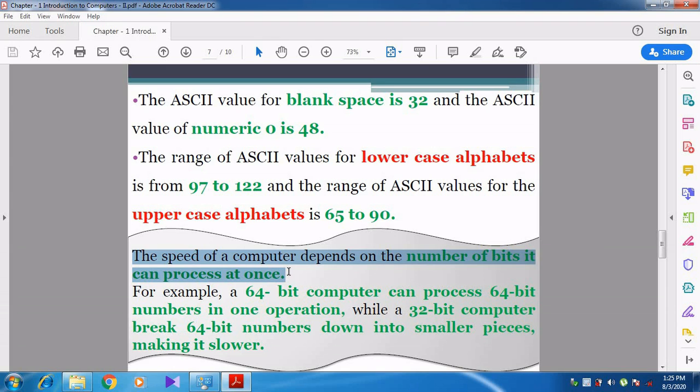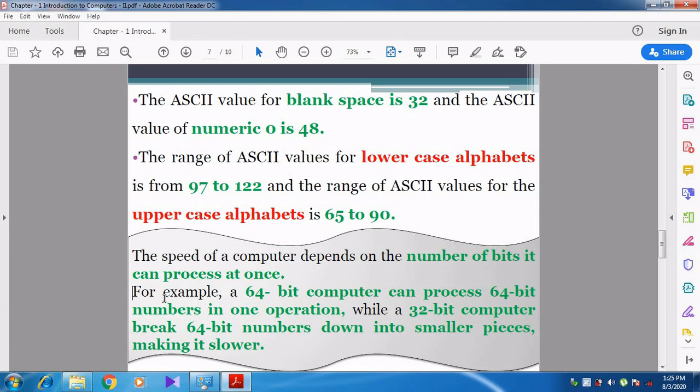Why? Because a 32-bit system can process only 32 bits at a time. But the 64-bit system can process 64 bits at a time. That is twice as much. So that is what they are trying to say here.